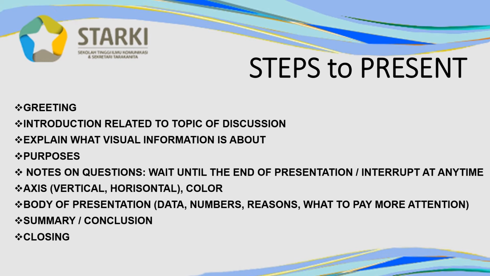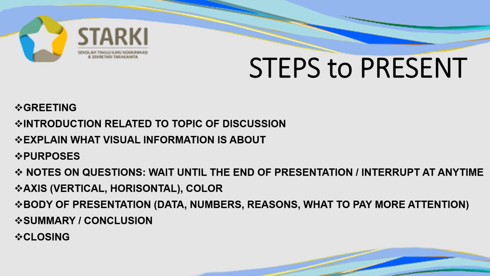First of all, you have to explain the axis, vertical axis or horizontal axis. And then that can also be about the color, because for visual information, it is helped by the color also, in order to be better for the audience to see the difference. And then after that, you have to present the data, the numbers.